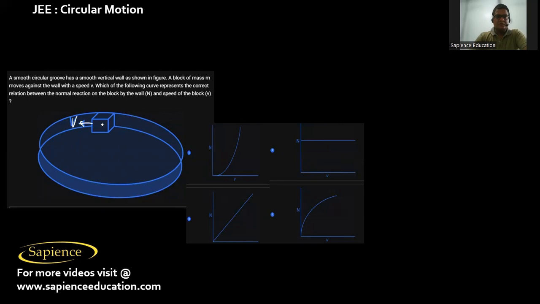So it means the normal reaction will act towards the center, and the normal reaction will only provide the necessary centripetal force, which is mv square by r. So therefore the normal reaction is proportional to v square.